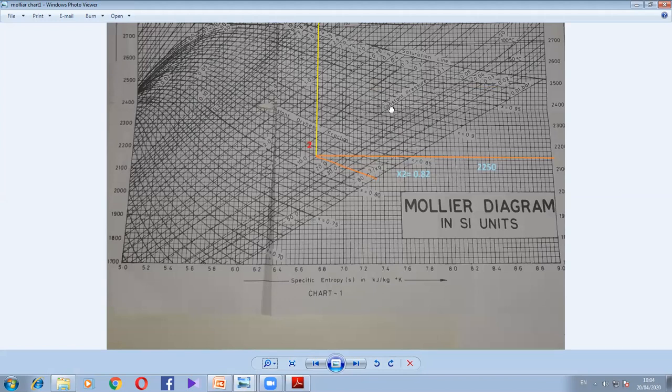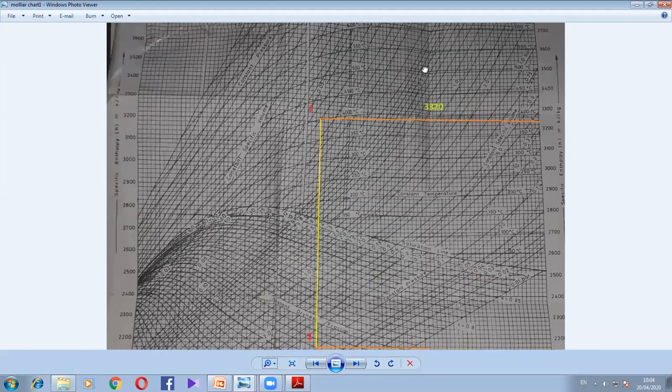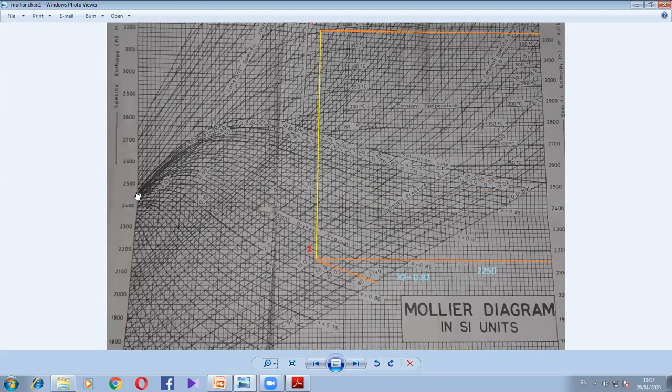Okay. So first let me explain the various lines associated with it. You can see the first line here, the dark line shown over here, is the saturated vapor line. Once again, this is the saturated vapor line.